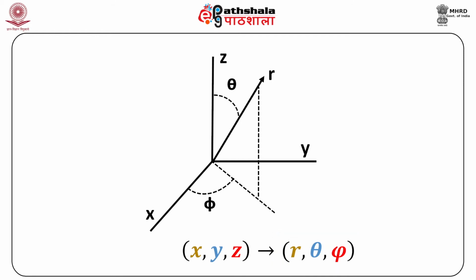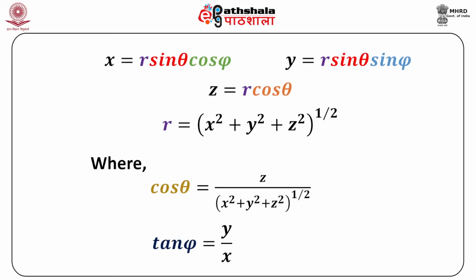In this case, x, y, and z are related to the polar coordinates in the way x is equal to r sin theta cos phi, y is equal to r sin theta sin phi, and z is equal to r cos theta. So these are the three equations which link Cartesian coordinates with the polar coordinates.